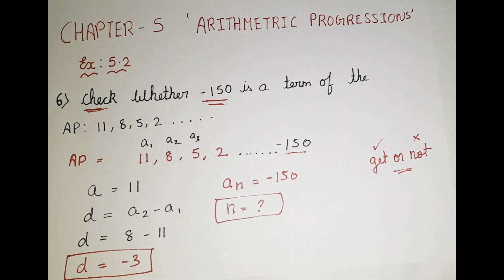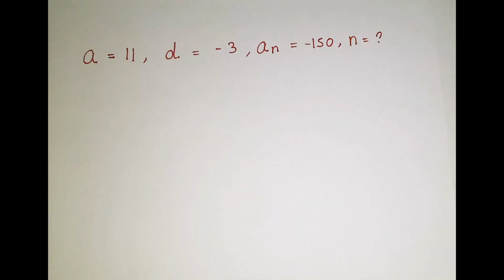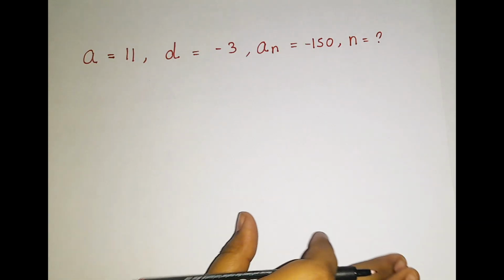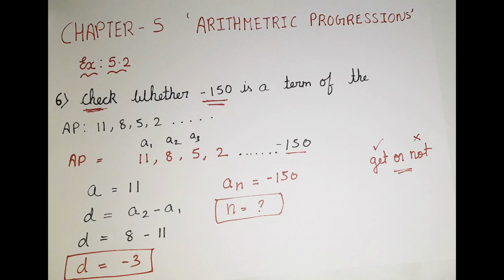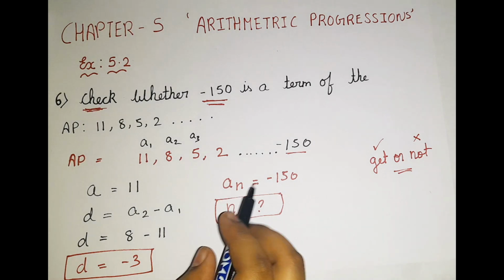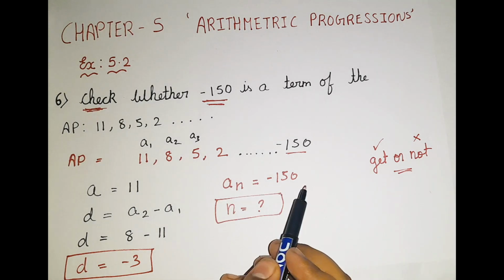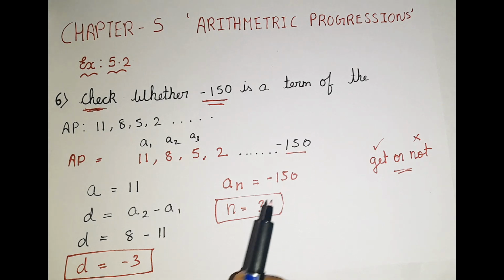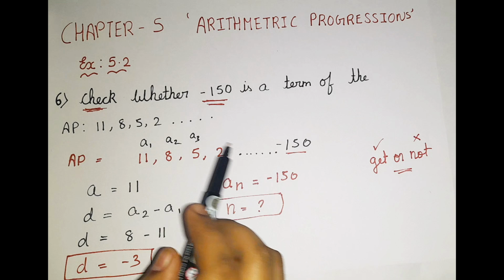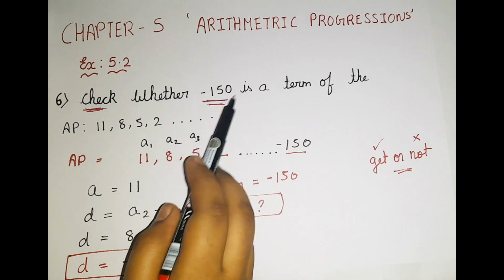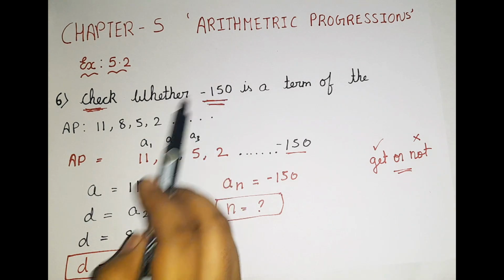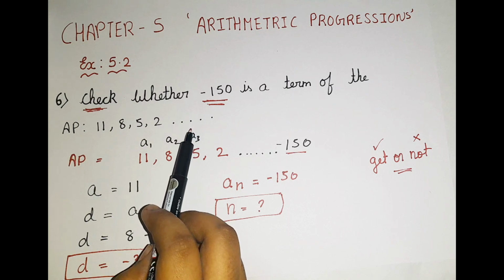Now let us apply the formula. I know you might be wondering how I got that AN. I took AN equal to minus 150, then only we will be able to apply the formula and know whether we have this term in this particular arithmetic progression.